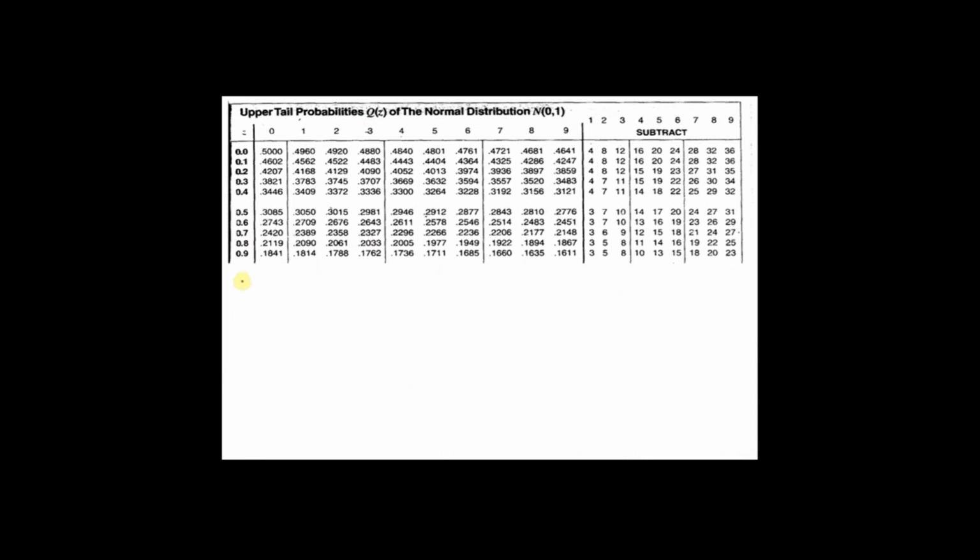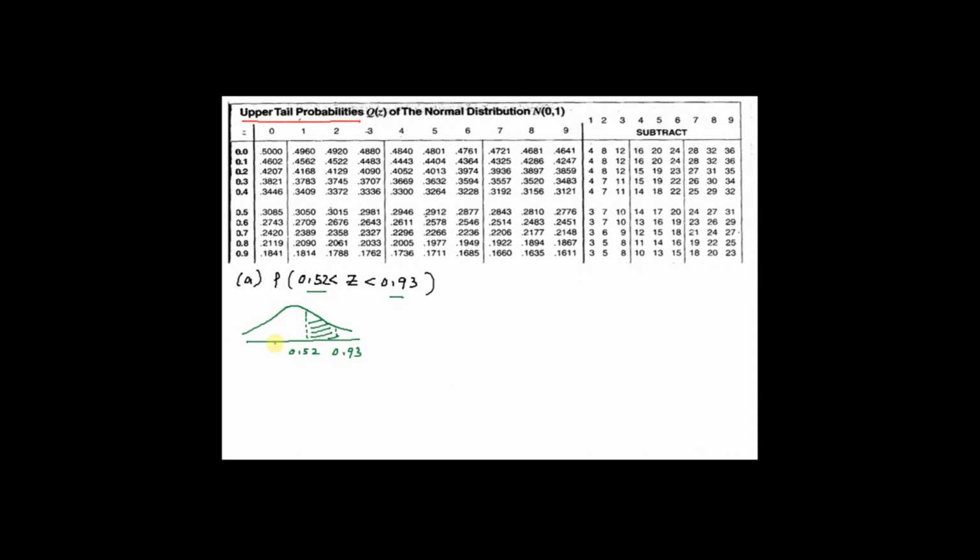Now we're going to go a little bit harder. So let's say you want to find the probability Z is more than 0.52 and less than 0.93. So you want to find this probability here. Again, the first step is to shade the region. Both are positive numbers, so you have 0.52 and you have 0.93. You want to find this area here. Again, you know that the probability given is the upper tail probability, that is the probability on the right hand side.